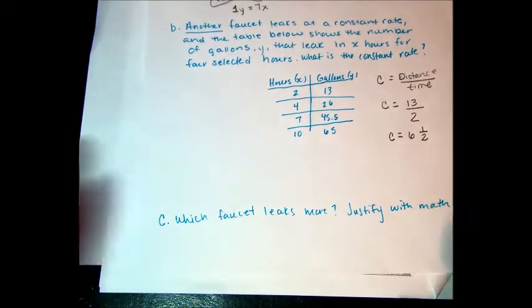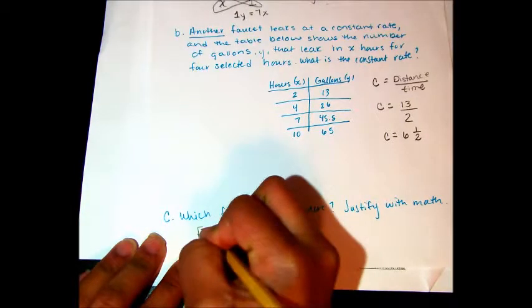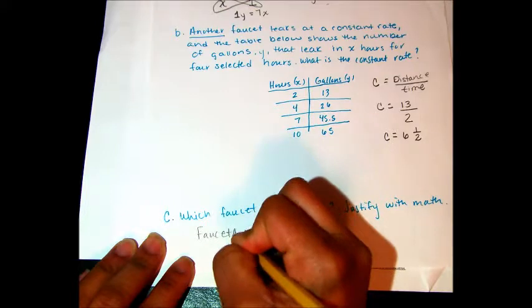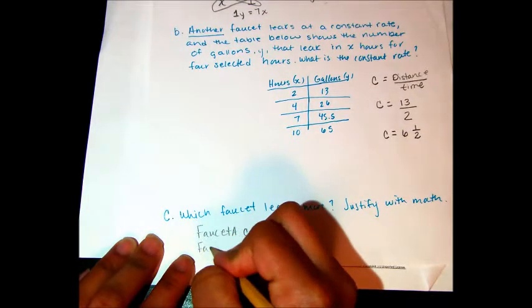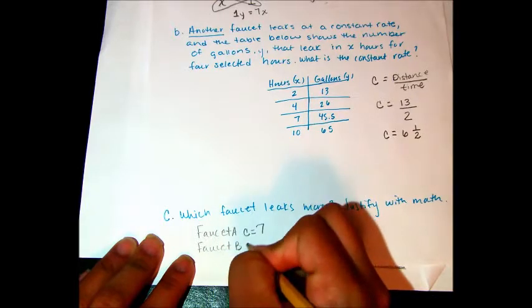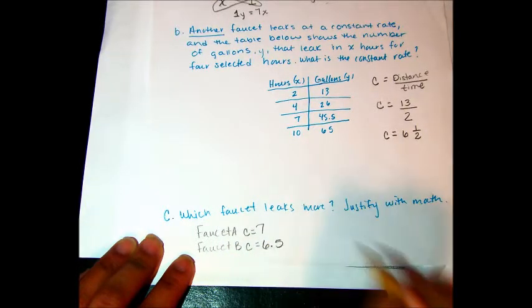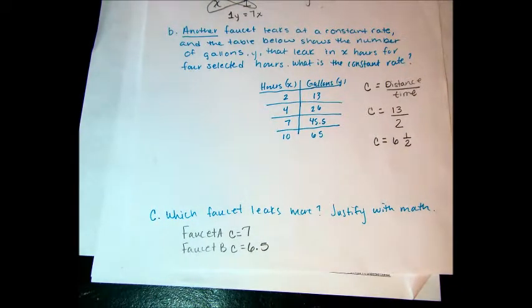All right, question C. Which faucet leaks more? Justify using math. Well, faucet A leaks at a constant rate of 7, and faucet B leaks at a constant rate of 6.5. Think back to lesson 15 where we were talking about the steepness of graphs. Which graph was steepest?